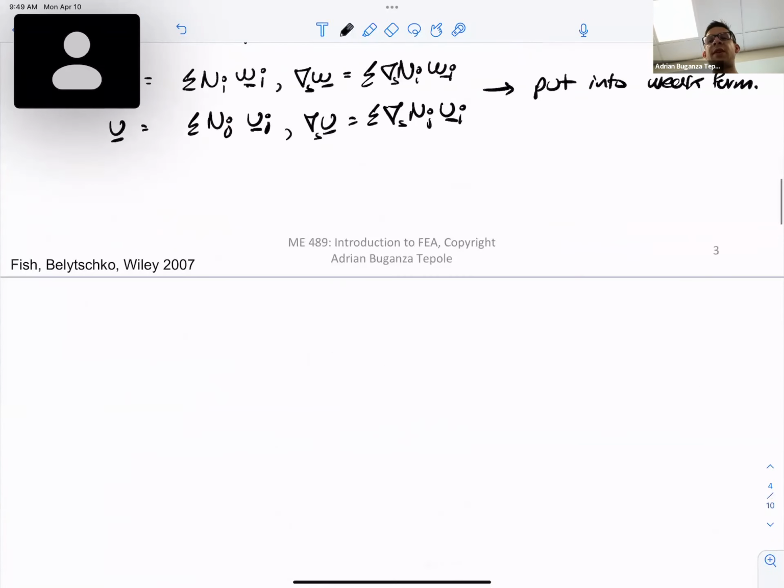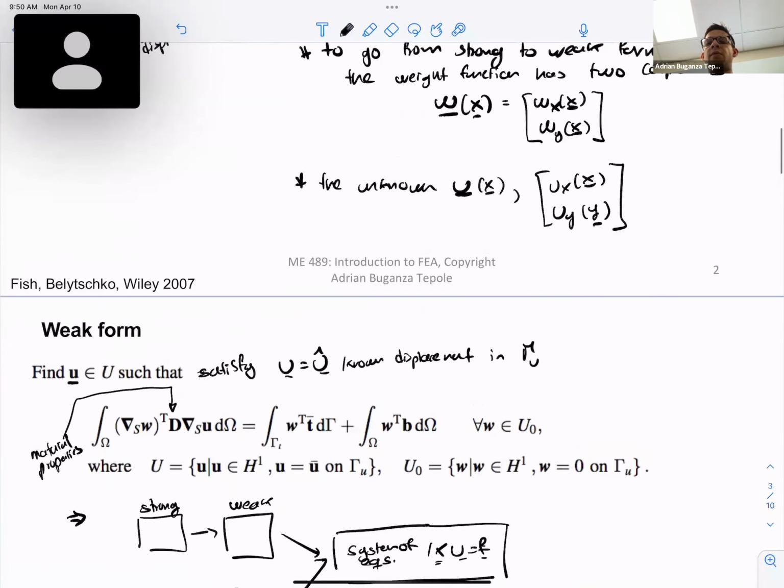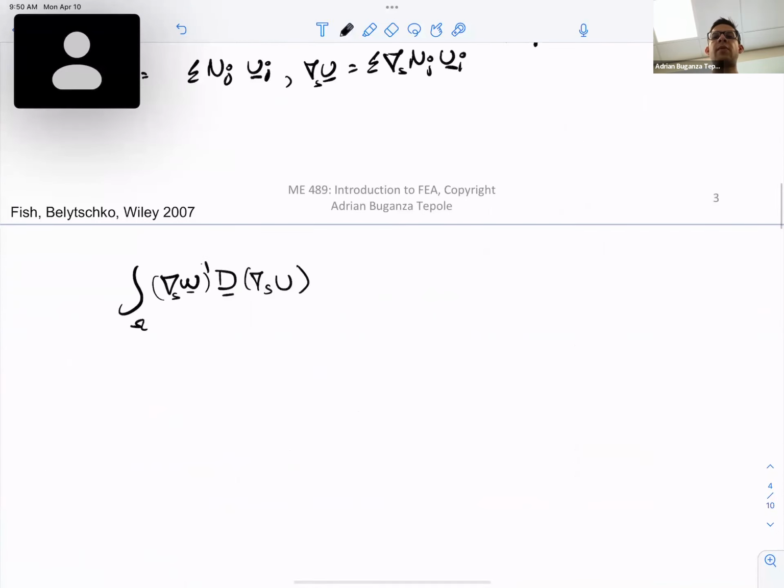The first term, which is the integral over omega of gradient W times D times the gradient of U. This is the first integral.